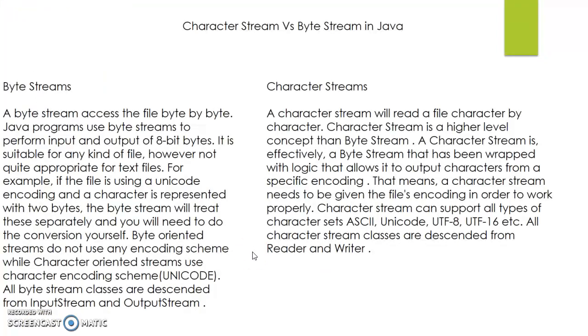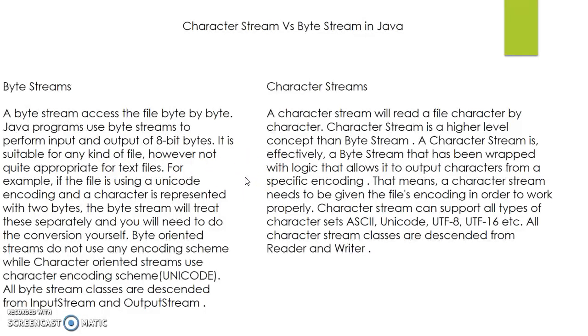Moving along, let's now talk about character stream versus byte stream in Java. A stream is a way of sequentially accessing a file. A byte stream accesses the file byte by byte. Java programs use byte streams to perform input and output of 8-bit bytes. It is suitable for any kind of file, however not quite appropriate for text files.